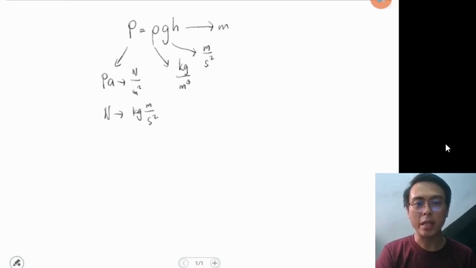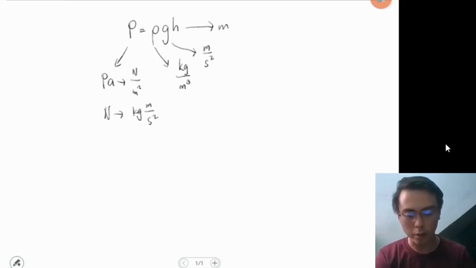So let's see if this really is an equation. We will be able to say that this is a true equation if the units on the left side, the pressure, are equivalent to the units on the right side, the rho g h side. So for the pressure side, we have pascals, which is newton per square meter, and newton is kilogram meter per second squared, per square meter.